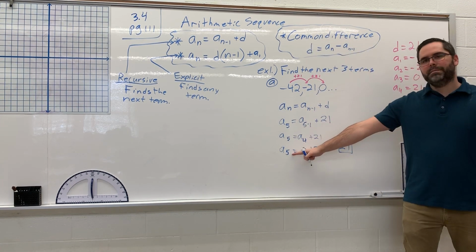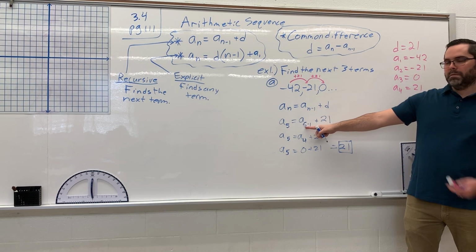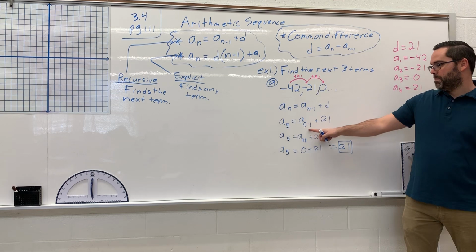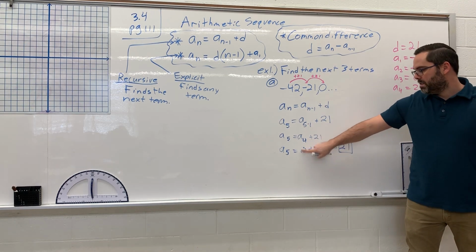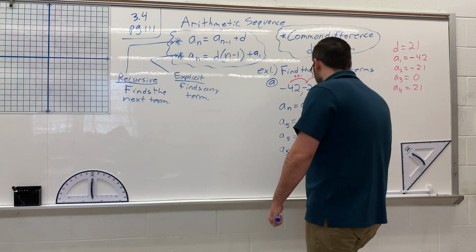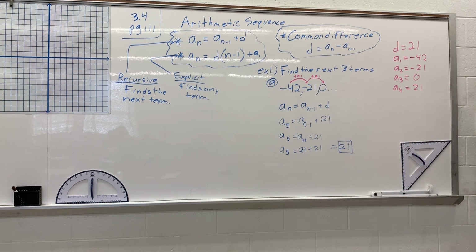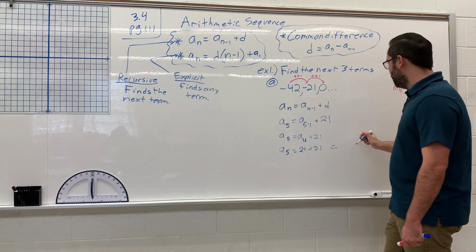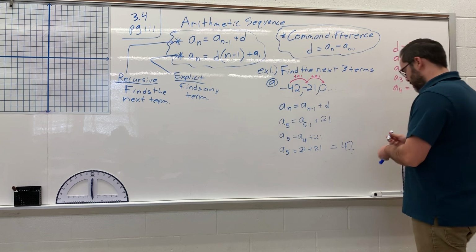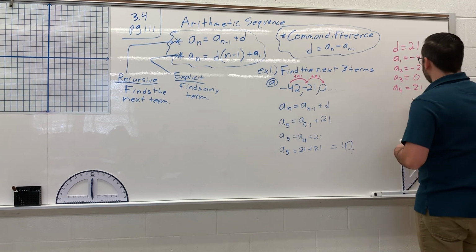So all these would change to 5s. This n would change to 5 instead of 4. This would be a 4 because 5 minus 1 is 4. And what is a sub 4? 21. Did you see how we're using the previous term to find the next term? So what's 21 plus 21? 42. So what is a sub 5? 42.